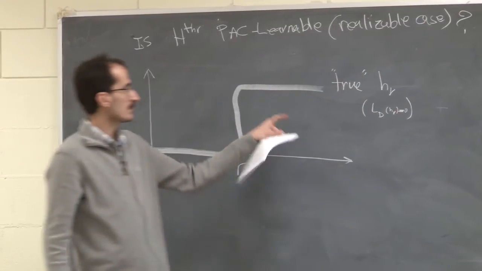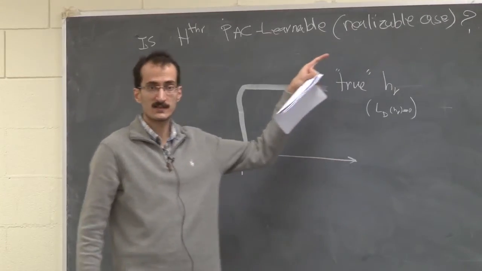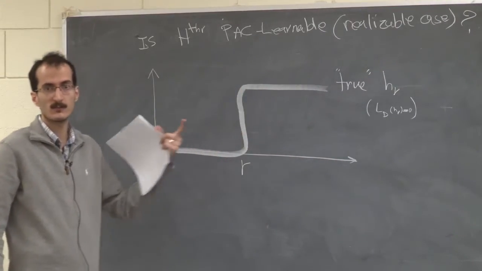We have such a thing because we assume that it's the realizable case. There should be one with error 0.